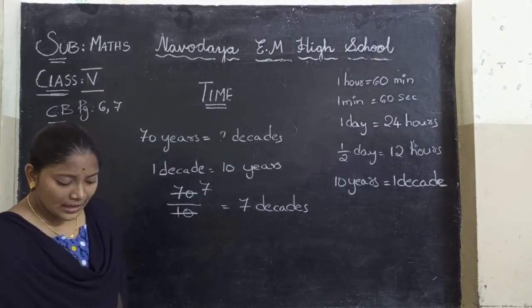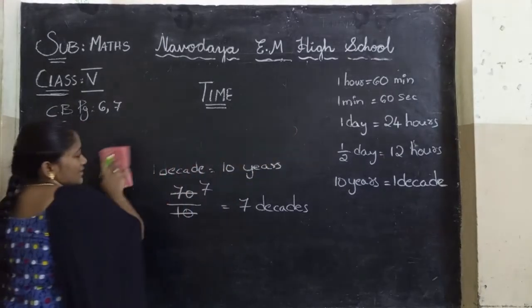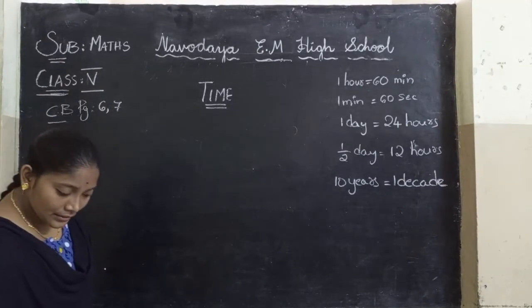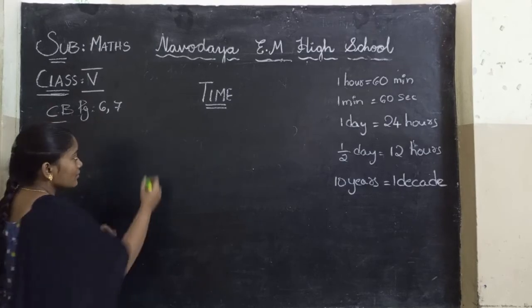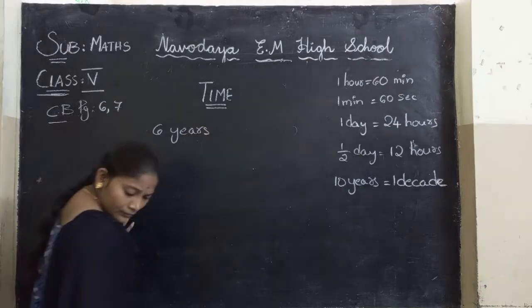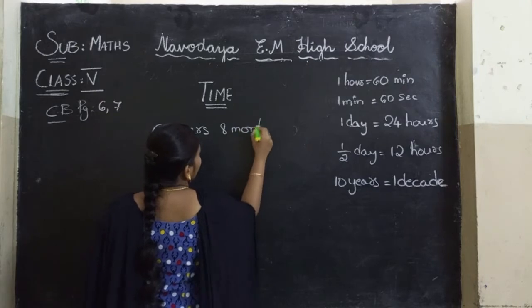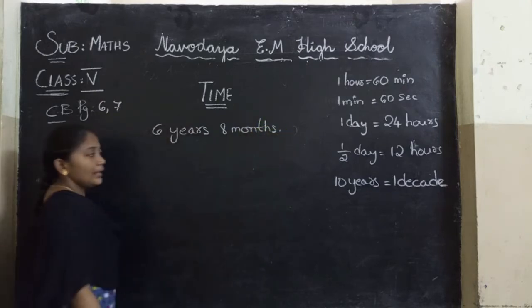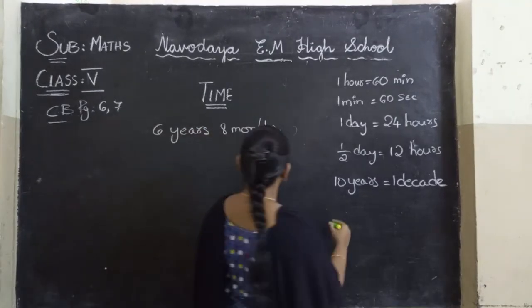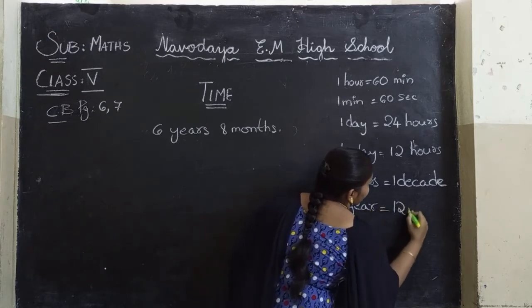Convert 6 years, 8 months into months. In total we have to find out the months only. 1 year having how many months? 1 year having 12 months.